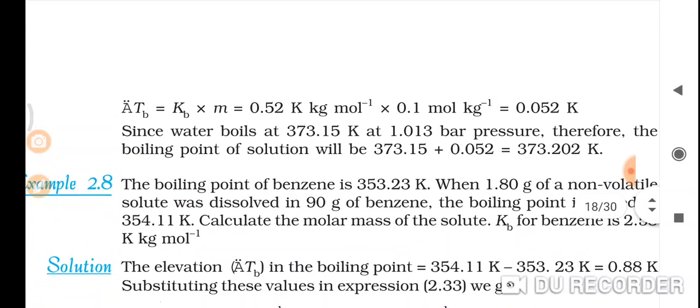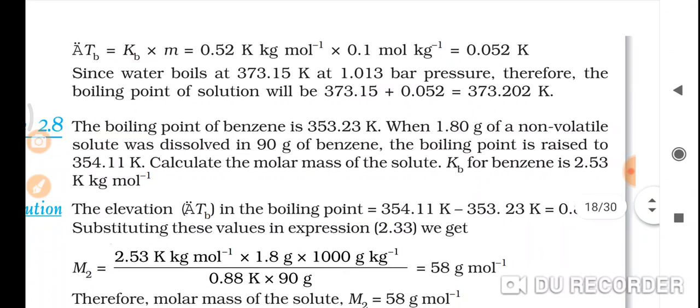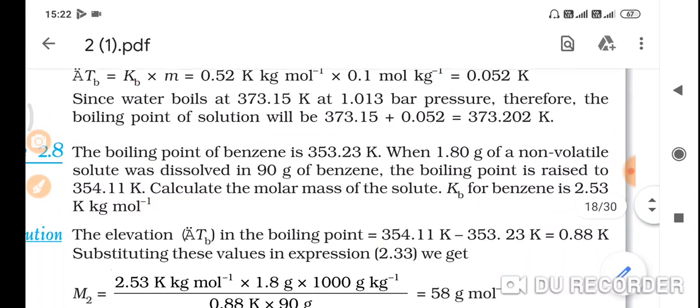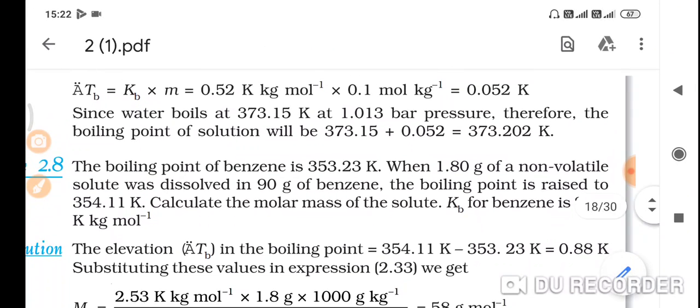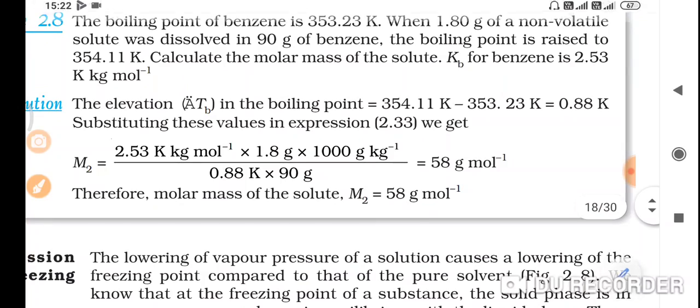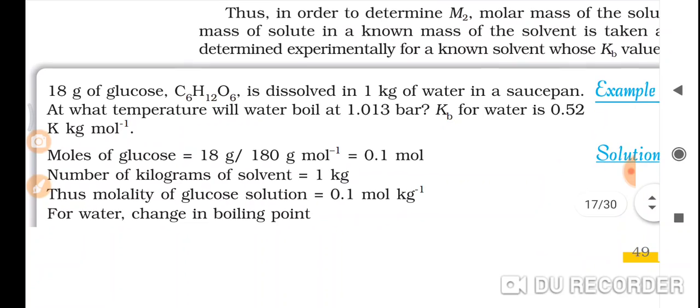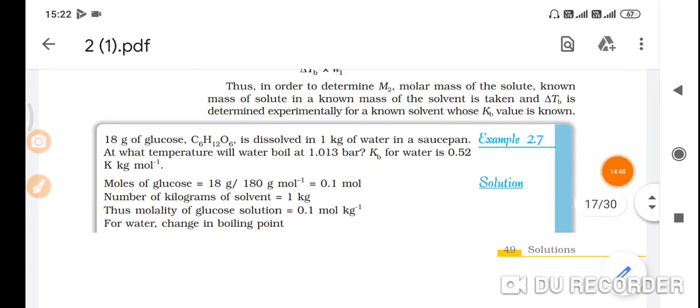So they are asking about the solution temperature. Simply you just need to add and you will get the answer, right? The second question you perform by yourself, and now we are going to start our next topic in our next lecture video.